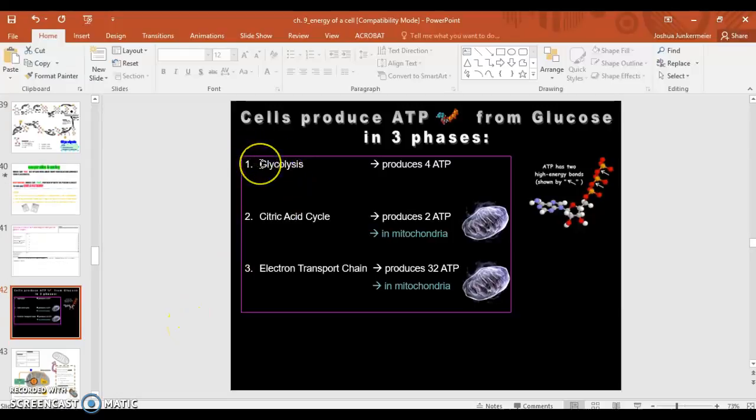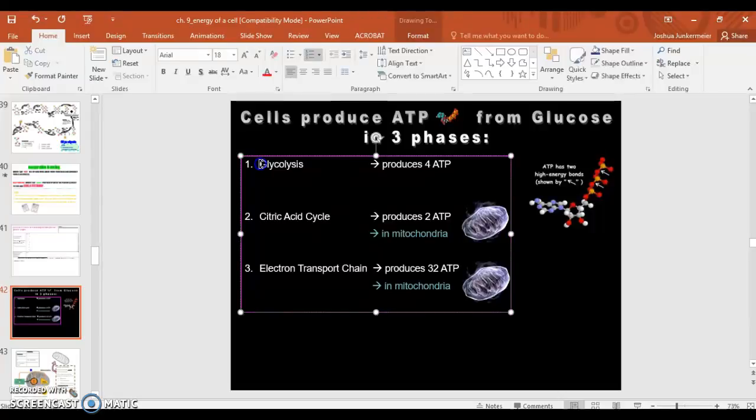This slide recognizes that there are 3 phases when your body is making energy from a carbohydrate. If we look at a specific type of carbohydrate, a basic carb called glucose or sugar, we see that it goes through 3 stages. Glycolysis, which we've already talked about, produces 4 ATP. We have our citric acid cycle we haven't talked about yet.